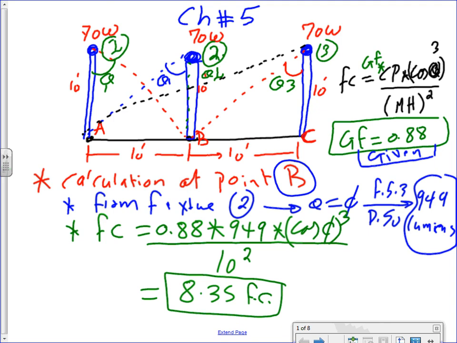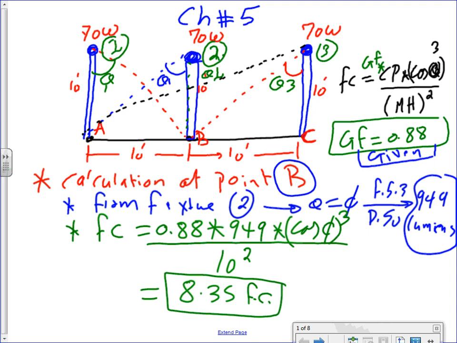So that's the contribution from fixture 2 to point P. Now next, I need to find how much foot candle is coming out of fixture 1 to point P. I want to remind you, from geometry and symmetry, can you guys see the triangles here? The symmetrical triangles between fixture 1 and point P, and fixture 3 and point P. Can you see that?